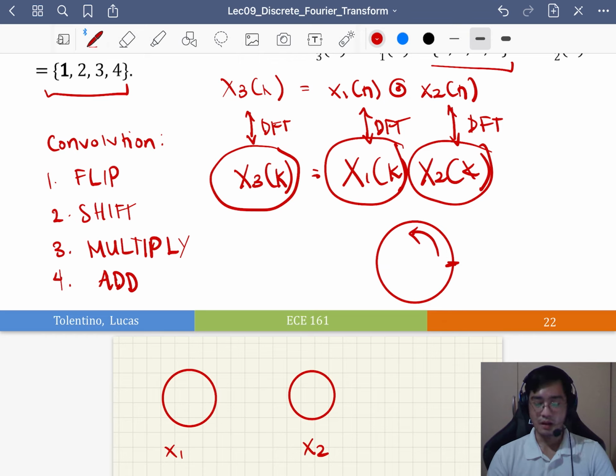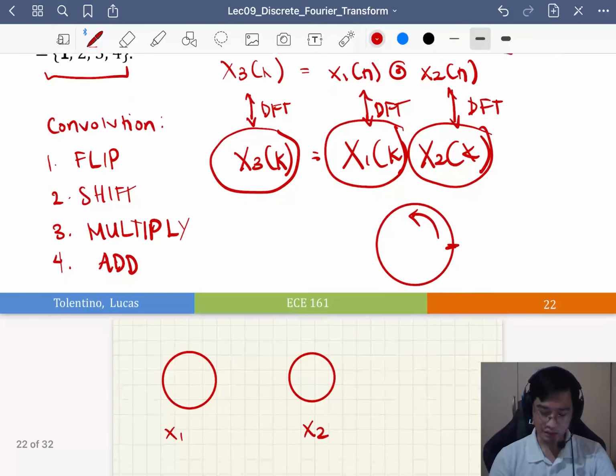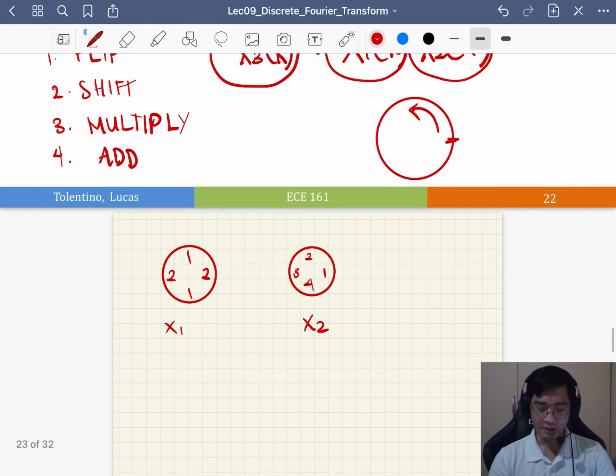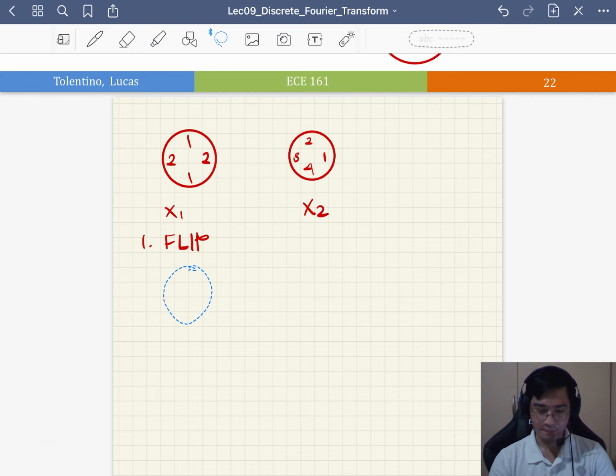So if x1 is 2, 1, 2, 1, then we start here at 2 and then move counterclockwise to 1, 2, 1. And then x2 is 1, 2, 3, 4. The first step is to flip. So we choose a signal that we are going to flip, for example, x2. x1 is still the same.